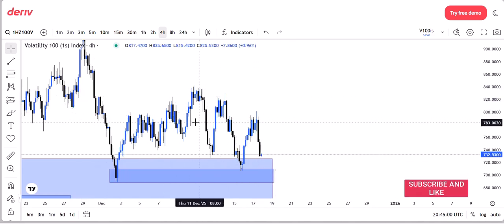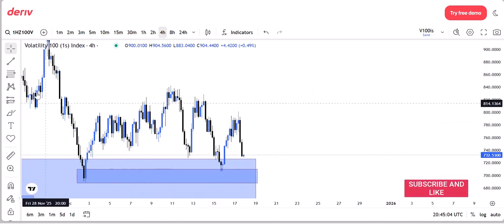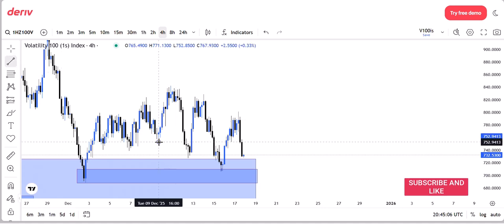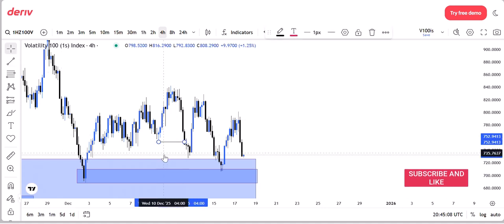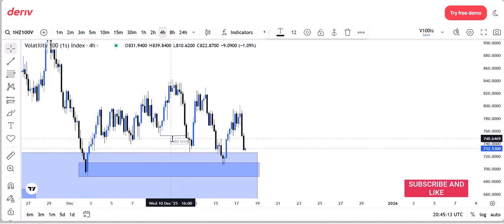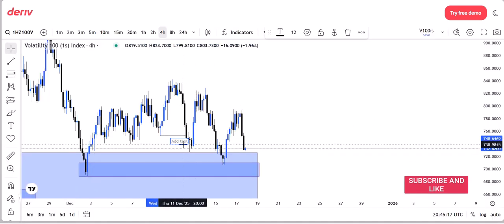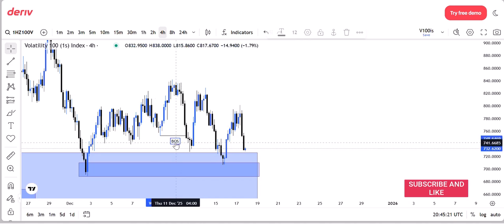Since the price has been on a downtrend, on the 4 hours we saw here that there was a break of structure to the downside. Price broke structure, BOS, break of structure.